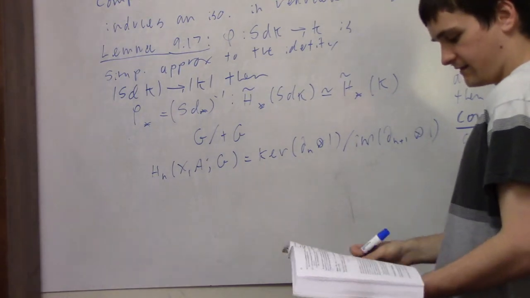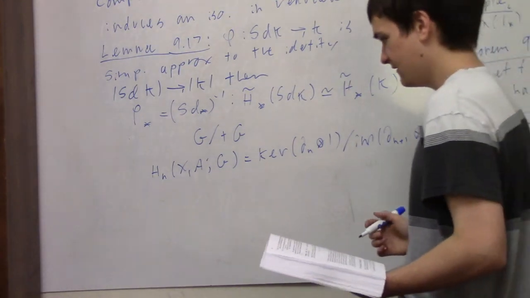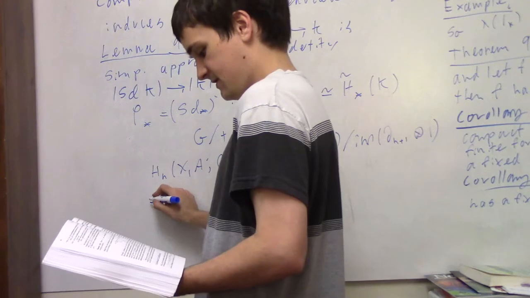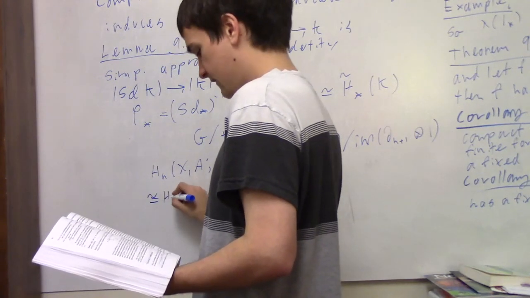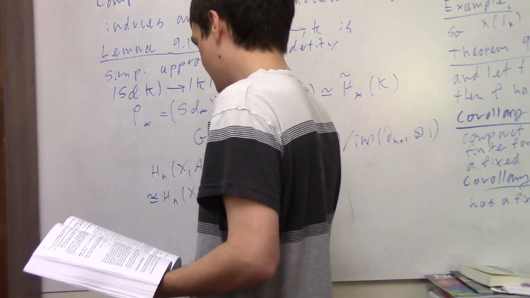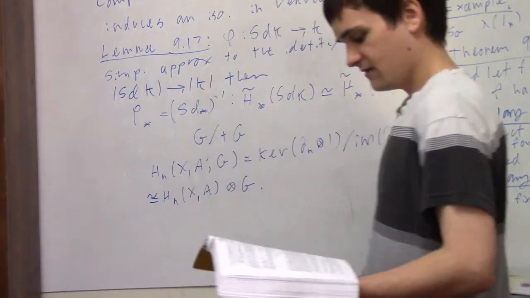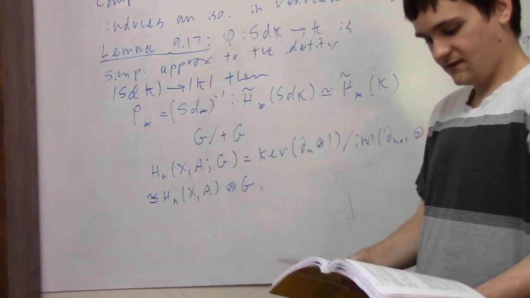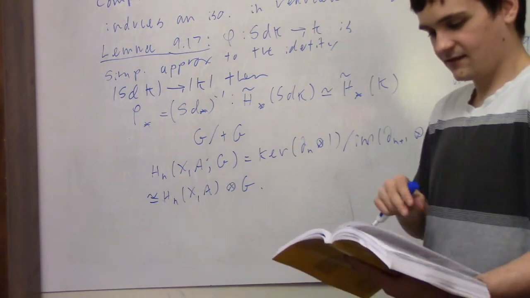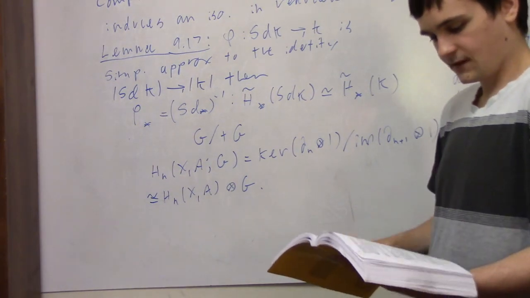He says the optimistic guess would be that this is isomorphic to just the nth homology group of (X, A) tensor G.